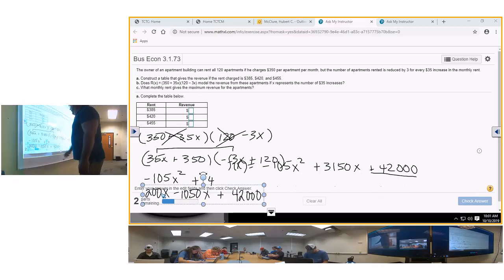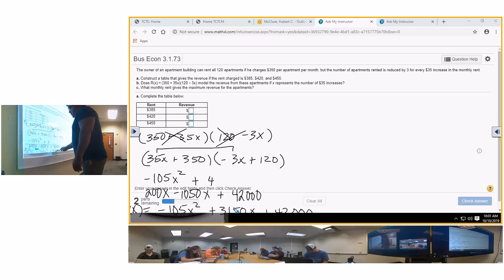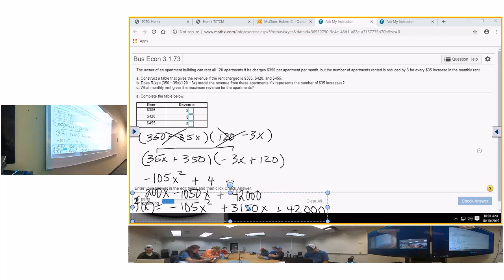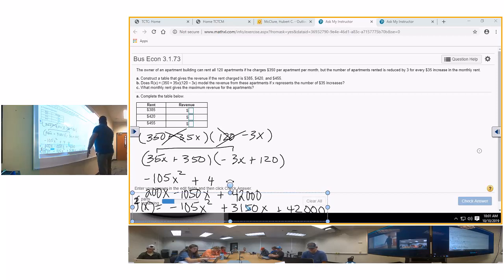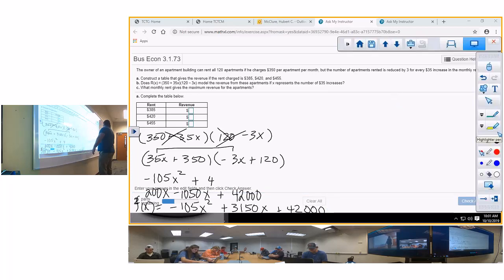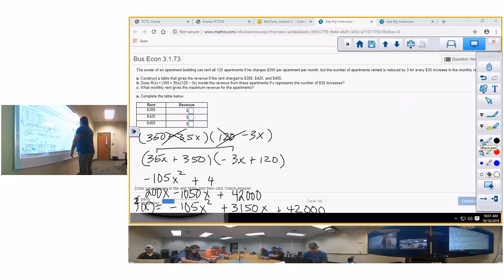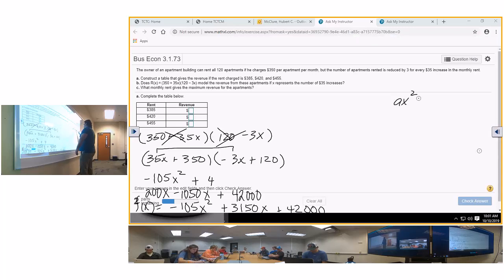Hey, Hubert. Yes. Why doesn't the quadratic formula work with calculus? Because if you're taking a derivative of something and you have ax squared plus bx plus c, then you can set that up to where it looks like x plus a quantity squared minus 4, and you can take the derivative of this easier.